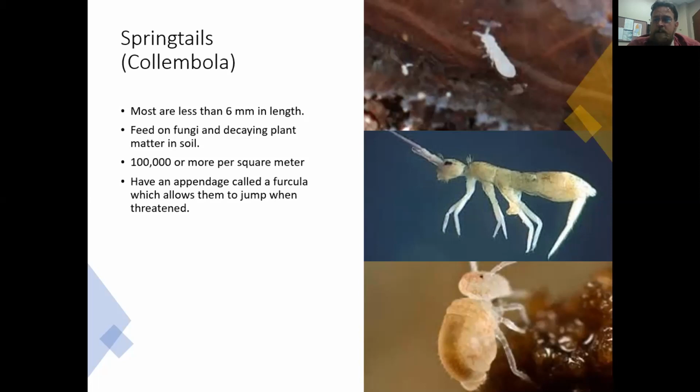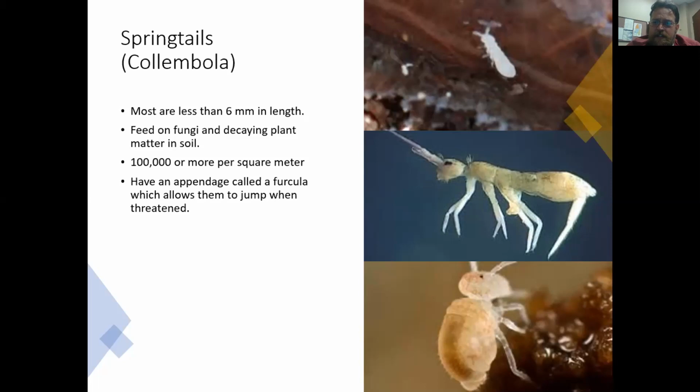So I want to start off with one of the more what we'd call primitive insects. These are the springtails. The order name for that, or the fancy name for that, is Collembola. We call them springtails. If you look at the middle picture there, you can see a little projection at the end of its abdomen. That is called a furcula.